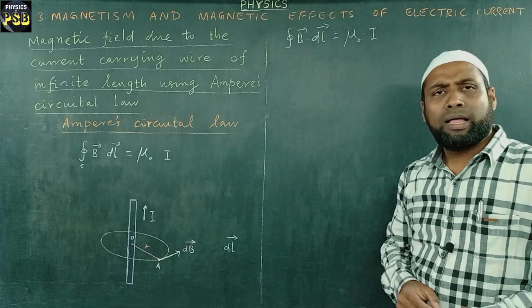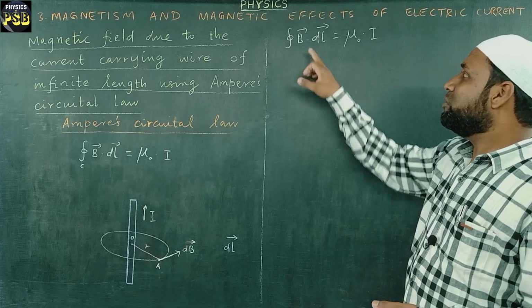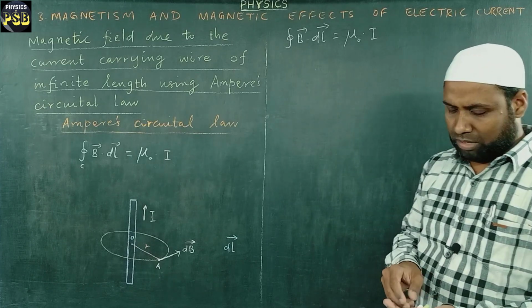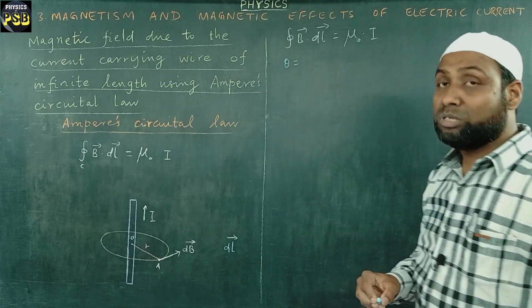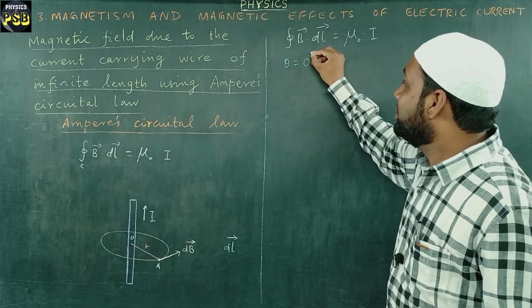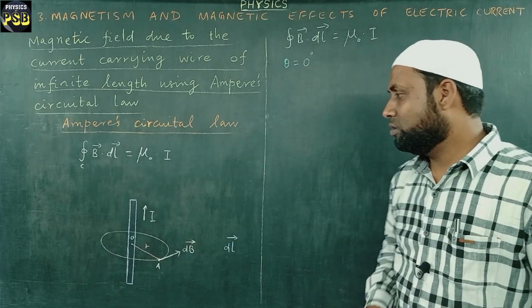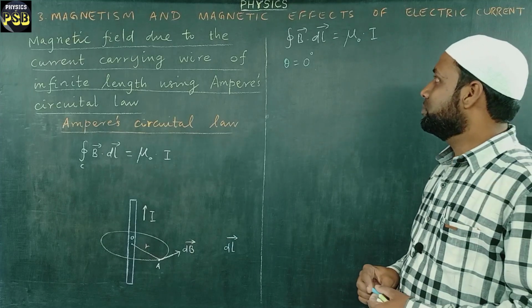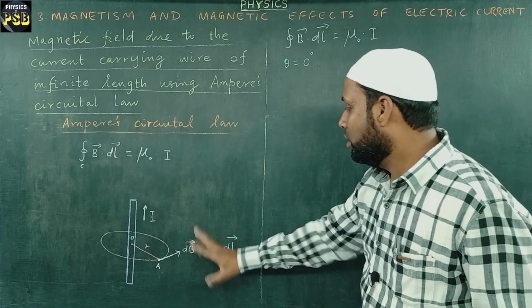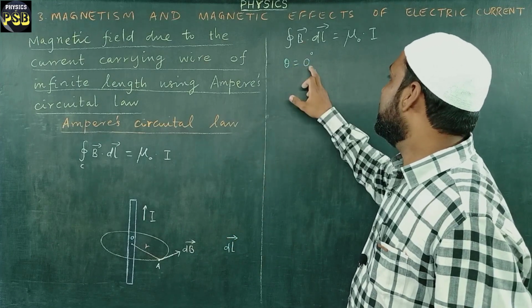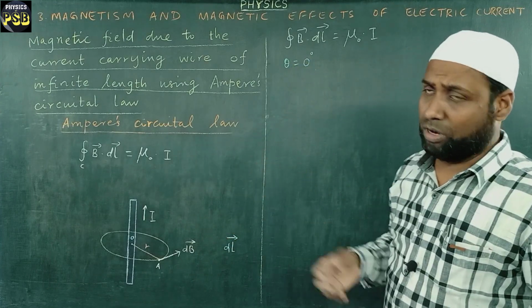The angle between B and dl is taken as theta, which is found to be 0 according to the diagram. If dl acts along B, then the angle between them will be 0 only.